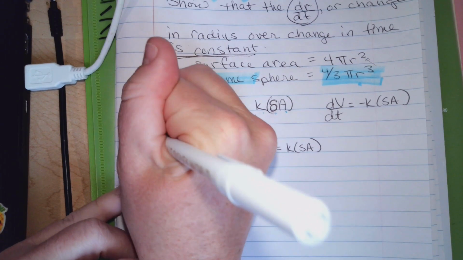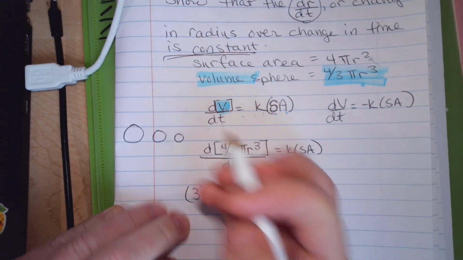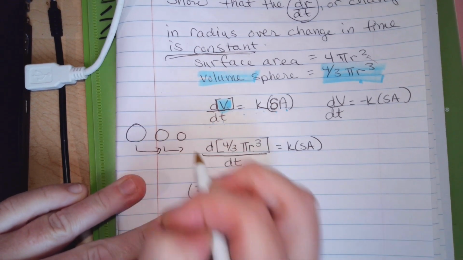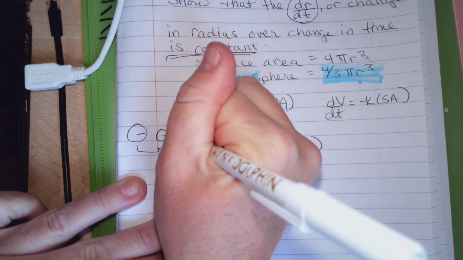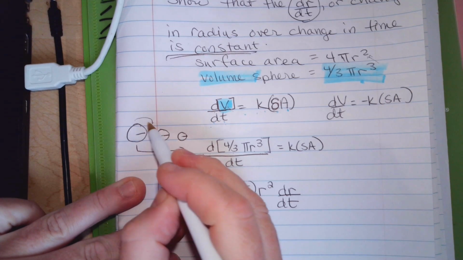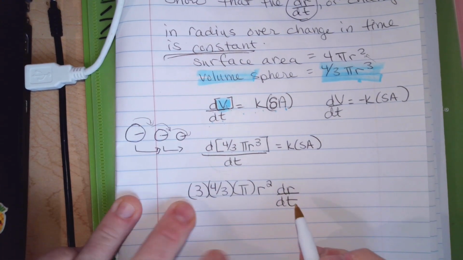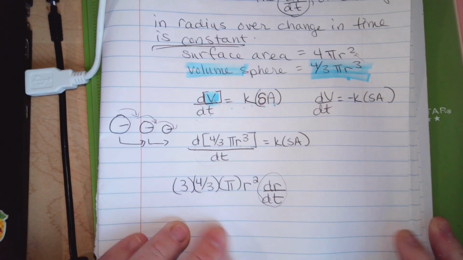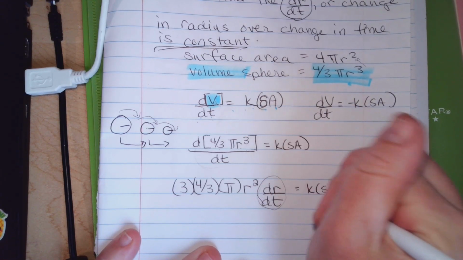We have a large snowball, smaller, and then smaller. These changes are continuous, and the radius is getting smaller and smaller, changing along with the surface area and the volume. So conceptually, this is when we're acknowledging that change. Equals K times the surface area.